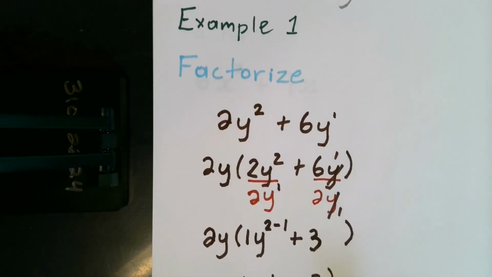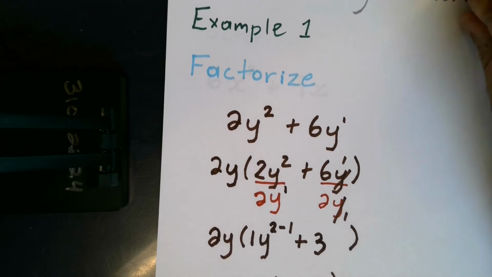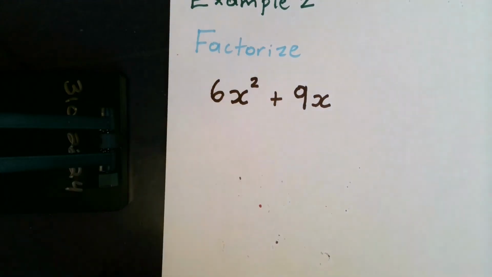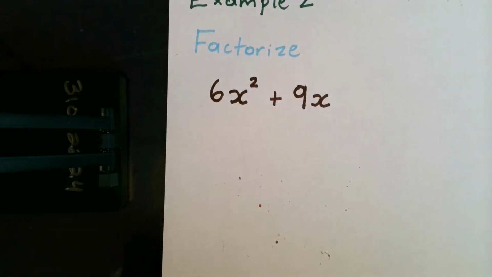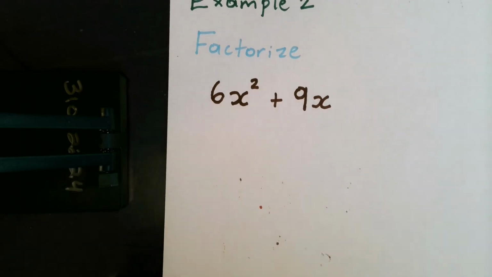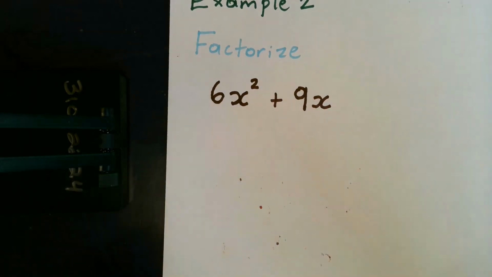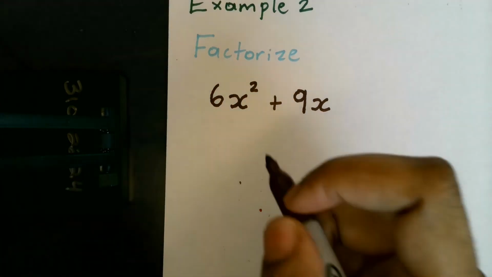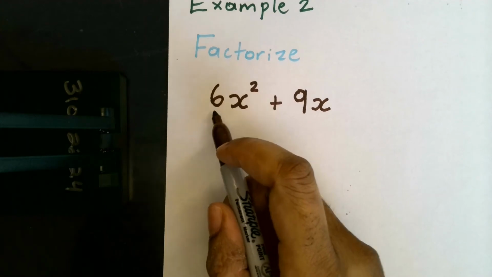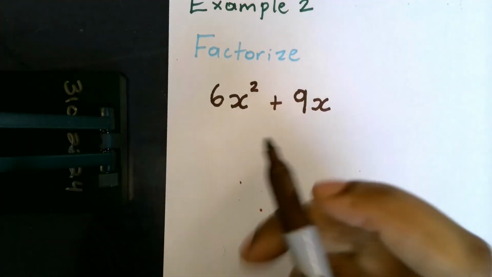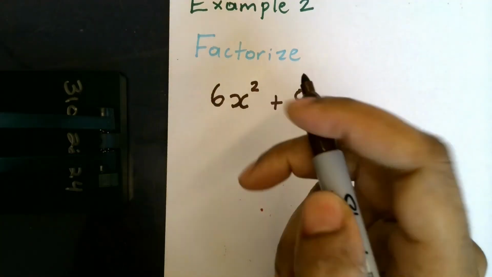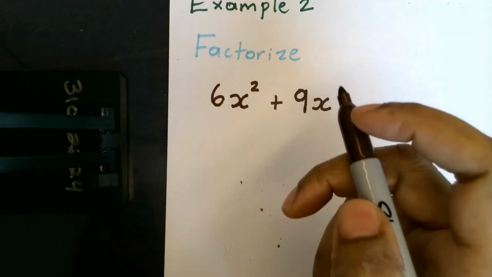Our second example. We are supposed to factorize 6x squared plus 9x. So step 1, we are going to find the GCF of 6x squared plus 9x. The greatest common factor of 6 and 9 is 3.